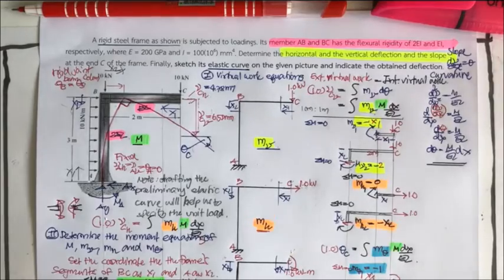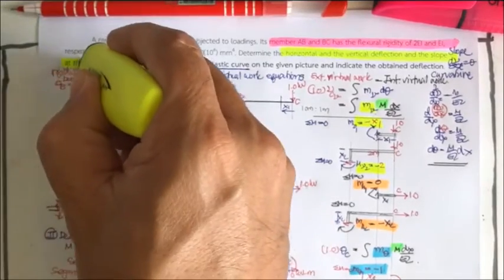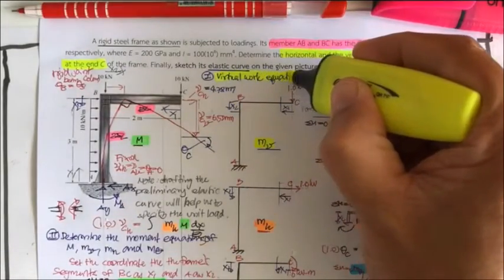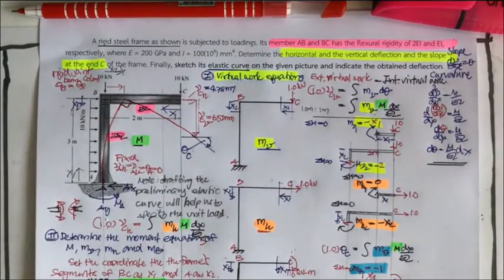Okay, in this frame we are interested at the point C, and we use the virtual work equation. Following the method of virtual work, we can solve this frame effectively, and I hope you are trying to understand it. We will have some more patterns of frames that we will work on, and I will come and show you later.